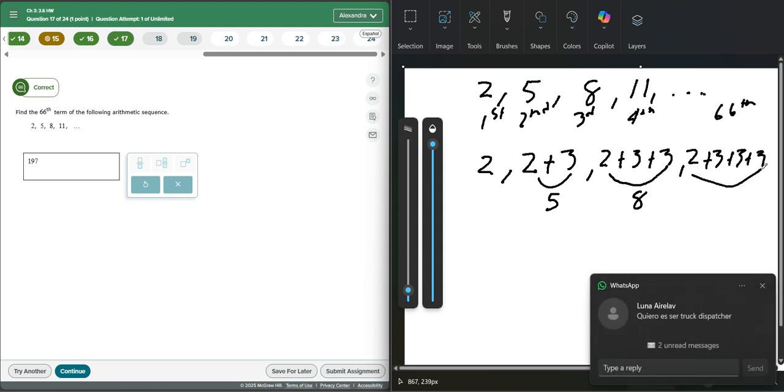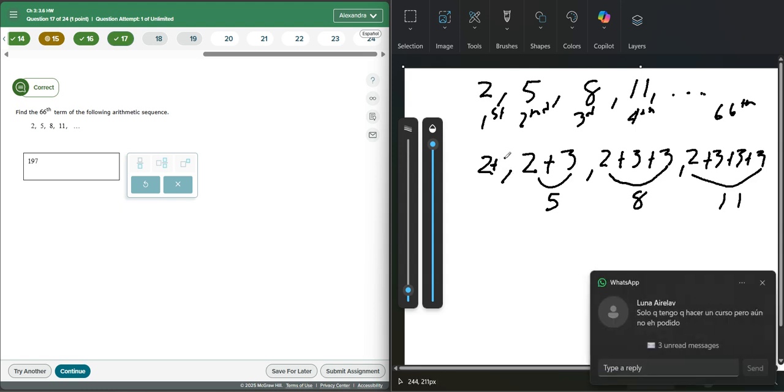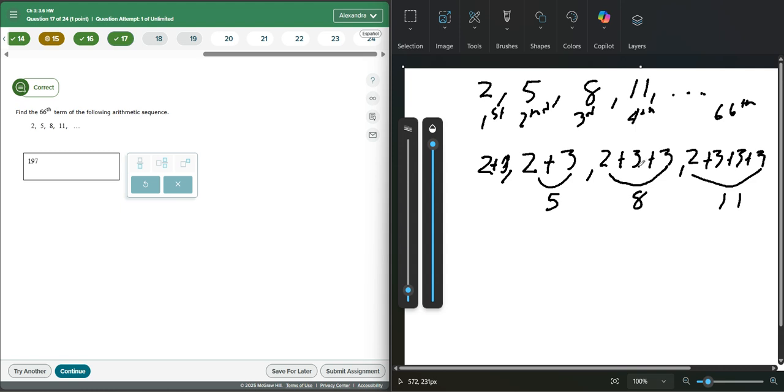I keep adding a 3 and I get the answer. So the first one is plus 0. Just imagine it's going to be plus 0. And then the second term, third term, fourth term, and so on. So I just keep adding a 3, adding 2 3s, 3 3s, and so on, like that.